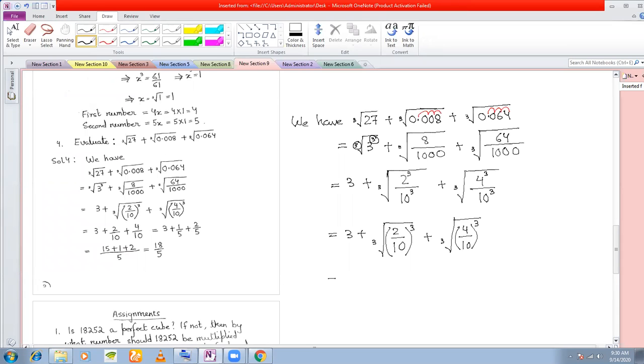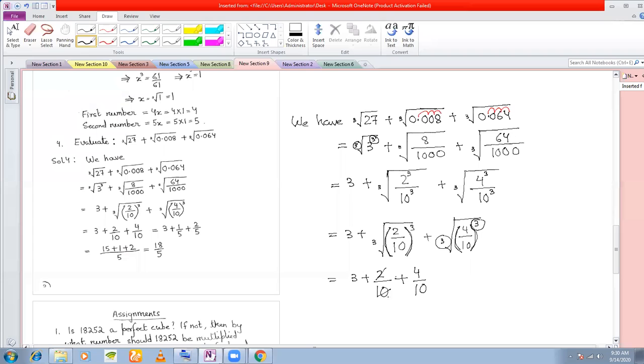Okay. Therefore, this entire fraction, 2 by 10, is a power of 3 with a cube root, so you can simply write this as 2 by 10 plus 4 by 10.